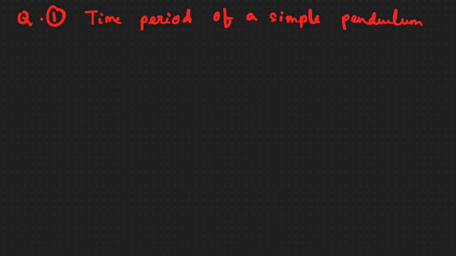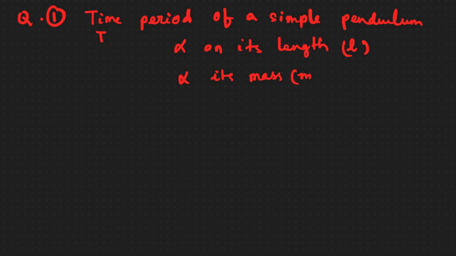The question is: the time period of a simple pendulum depends on its length, which you can take as L, time period you can take as T. It also depends on its mass, M can be taken.